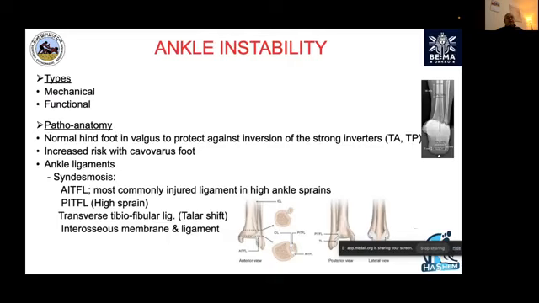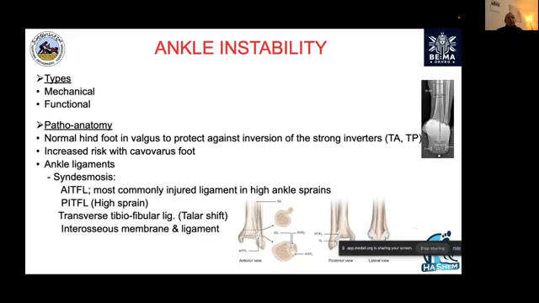With cavovarus, we understand definitely that the risk of instability will be high, as I explained to you. When the hindfoot is in varus, it means a lot of stretch on the lateral structures, which means the lateral structures are more prone to injury. We have the ankle ligaments in 2 joints. The ankle is not only one joint: it's the syndesmosis, which is the tibiofibular joint, and then the tibiotalar joint.